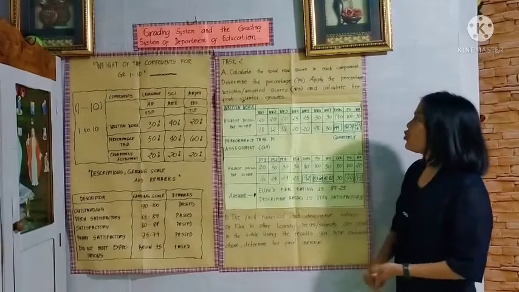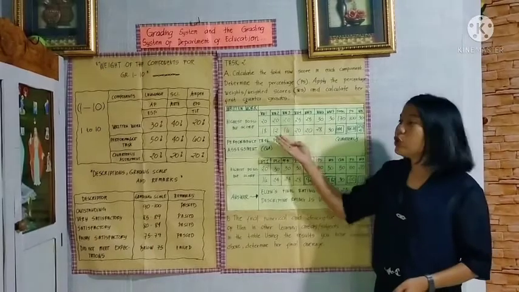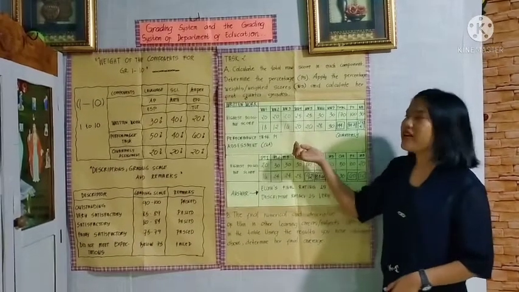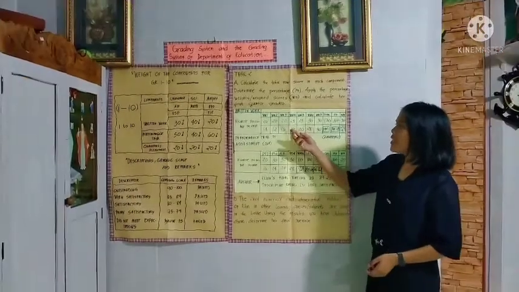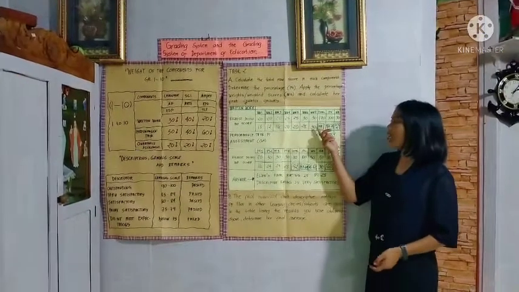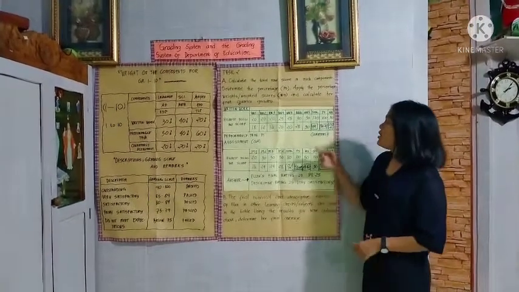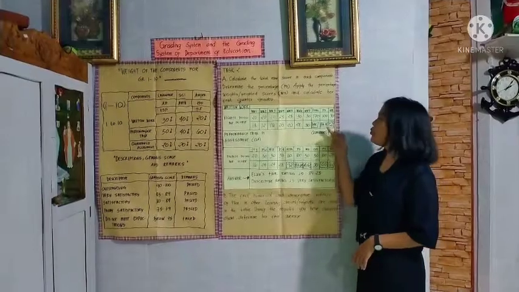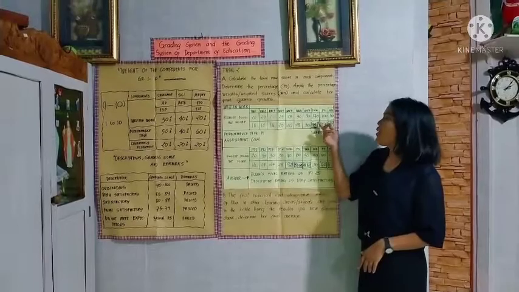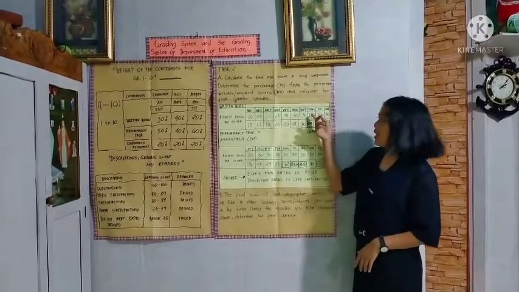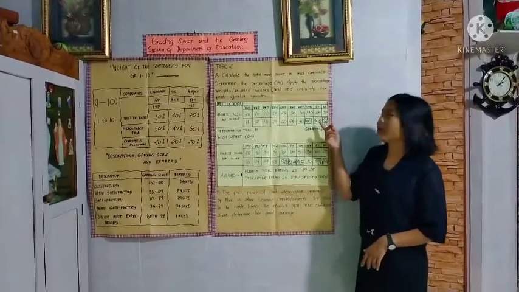In order to get the total, we have to add all the raw scores of Ellen Ramsey in Araling Panlipunan in written work. So 18 plus 12 plus 16 plus 20 plus 20 plus 28 plus 30 equals 144. To get the percentage score in written works, we divide 144 by 170, times 100, which is 84.71.